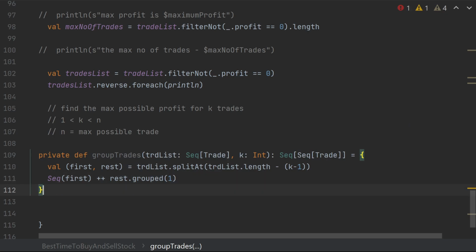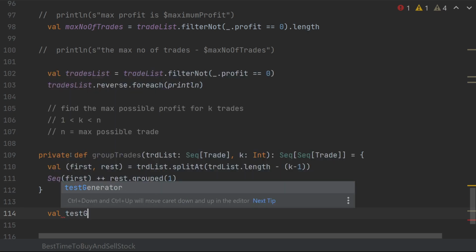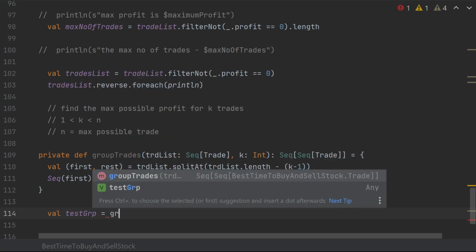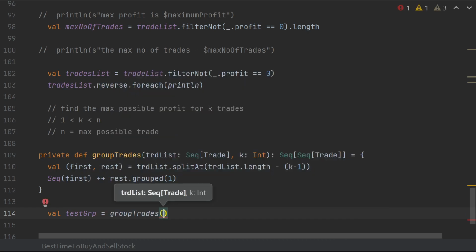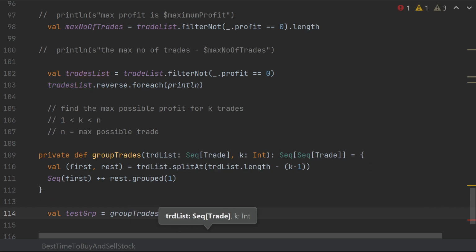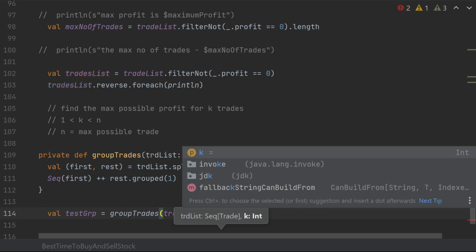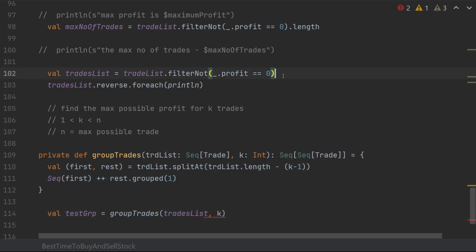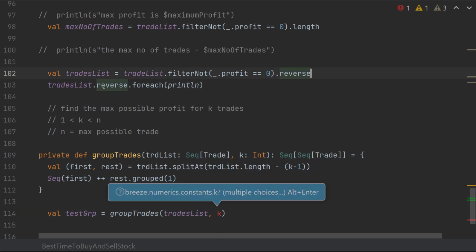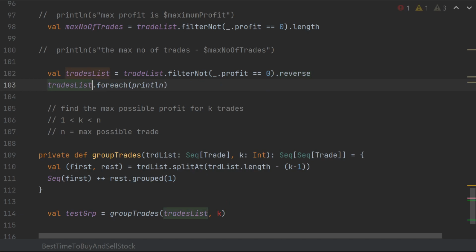Let's take a look at how it looks. So let's implement val testGroup. It's going to be groupTrades and we have the trade list and comma k. So let's add this reverse here itself, so we don't have to add it everywhere again and again.